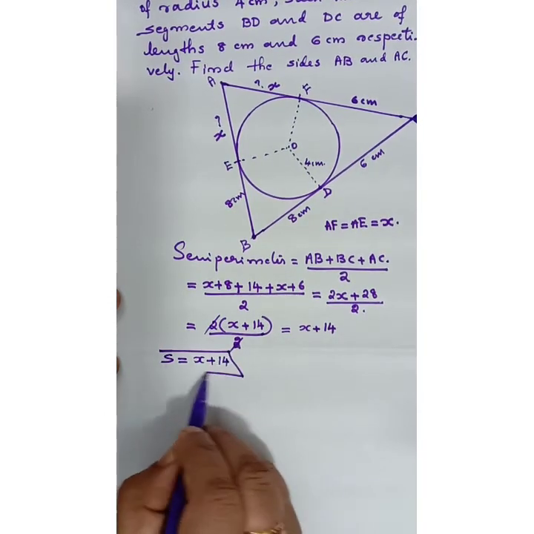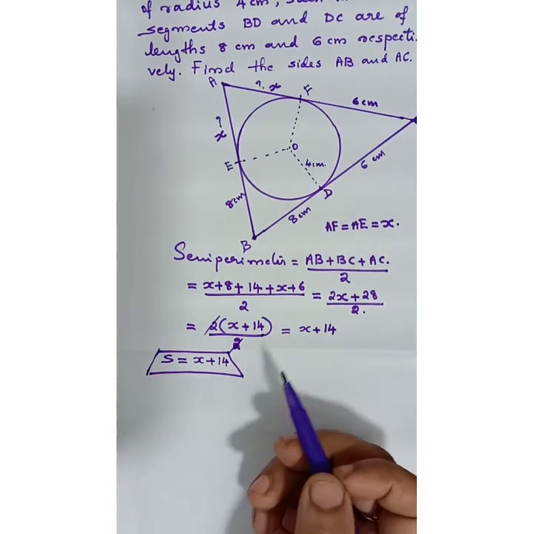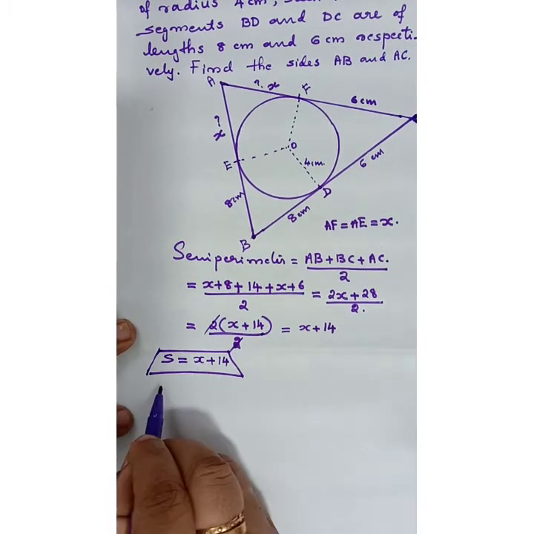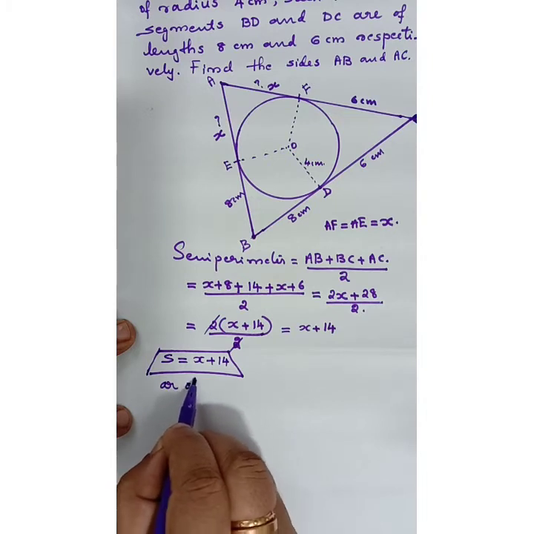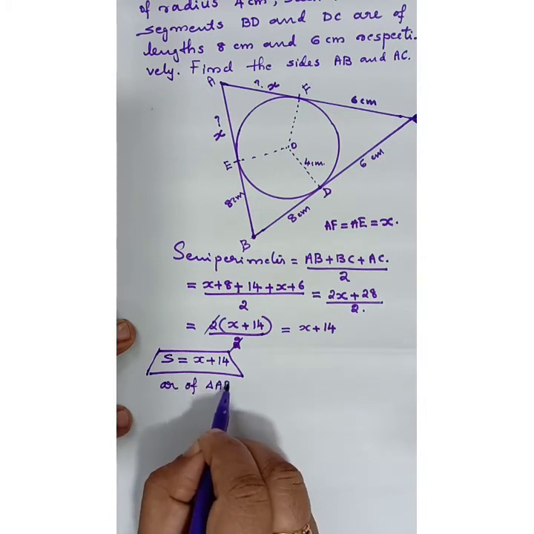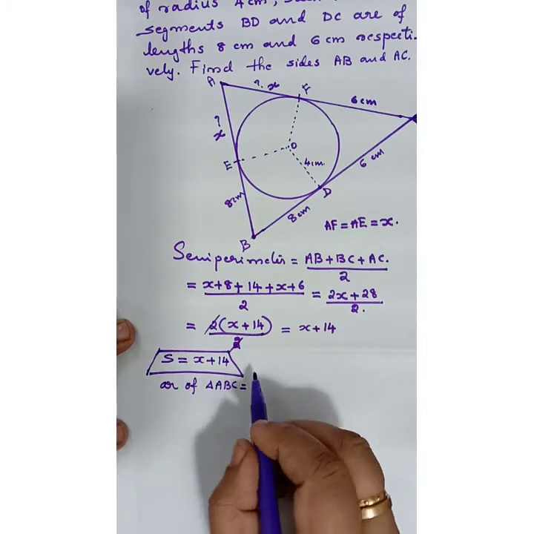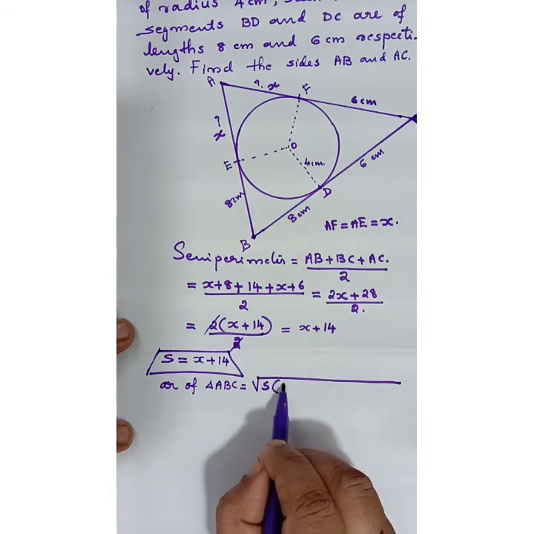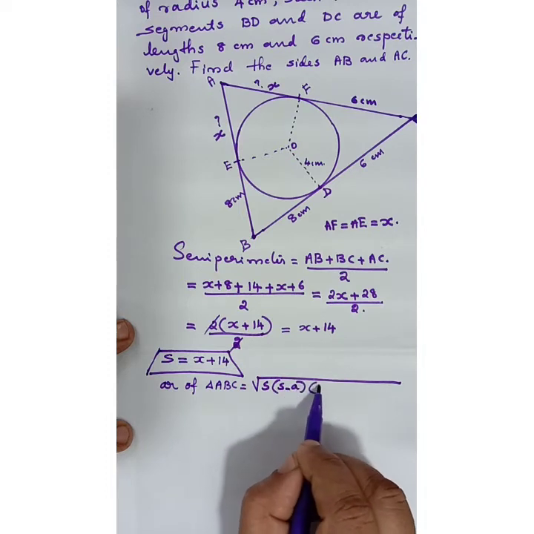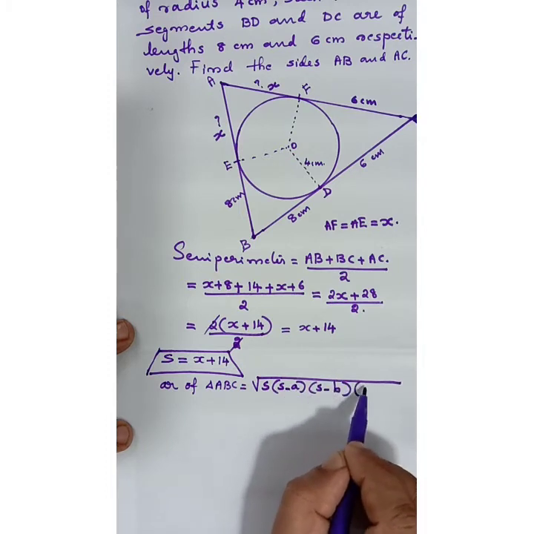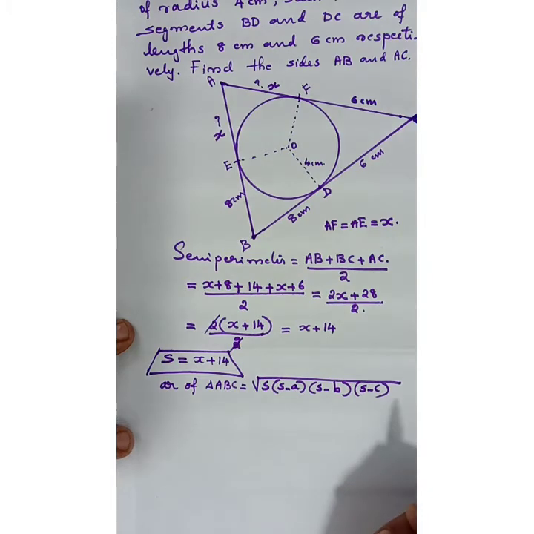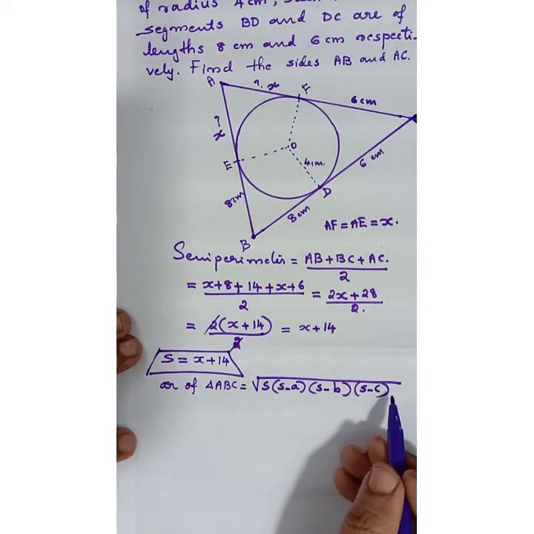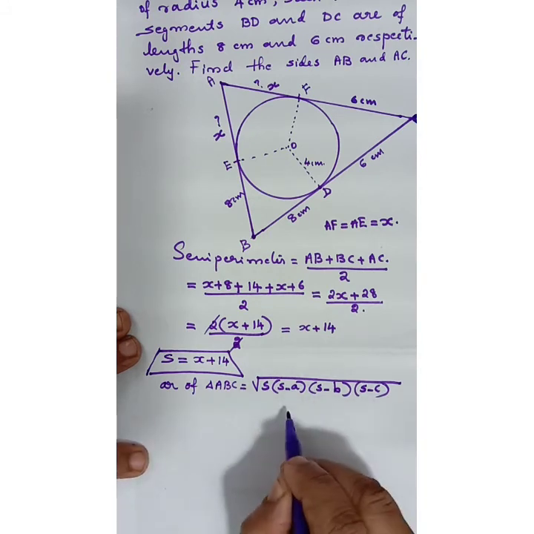What is the use of finding this? We have to find the area of this triangle. Let us find the area of triangle ABC. Do you remember the formula that you learned in 9th standard? Area equals square root of S into S minus A into S minus B into S minus C. So better we write S minus A, S minus B and S minus C separately, and we will substitute.